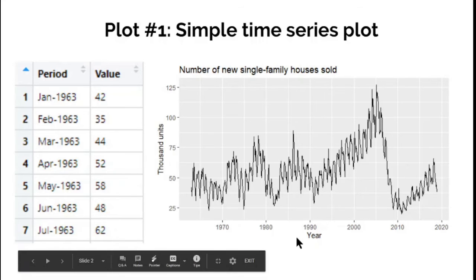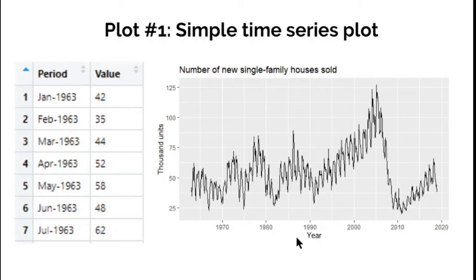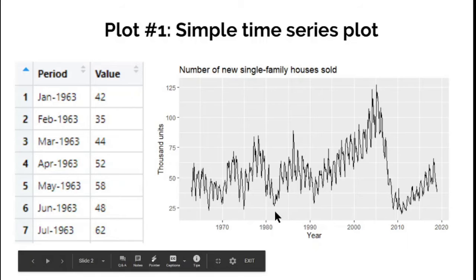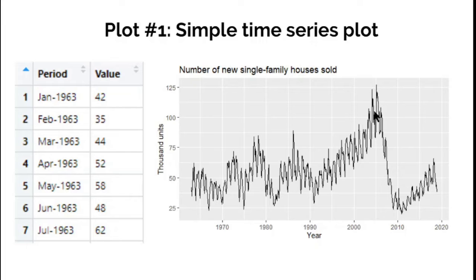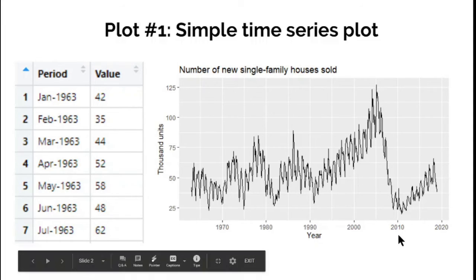It's a simple plot, yet I think you can still get a lot of information out of this time series plot. Some of the very basic things you can find in this plot is the trend. There is some seasonality, and also around 2005, as you can see, there is a break in the trend. So these are some of the basic information you can extract.